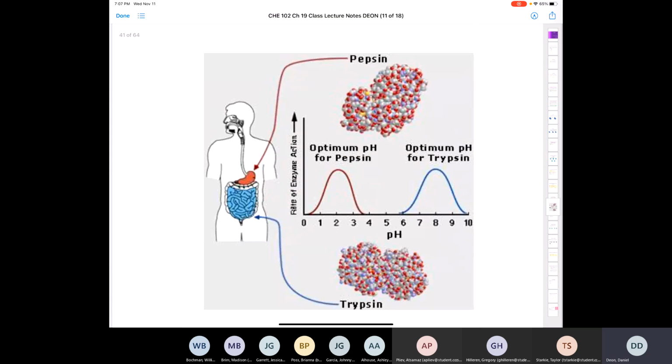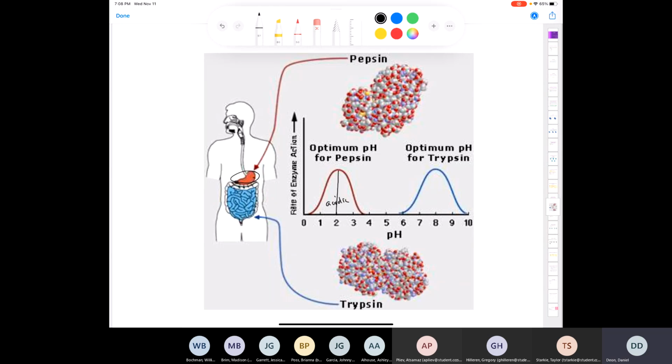Here's a picture that I took from another textbook that shows pepsin and trypsin. You can see they're very big, complicated molecules, these enzymes. And the optimum pH for the activity of pepsin is around 2. That's strongly acidic, right? But the stomach is acidic, isn't it?